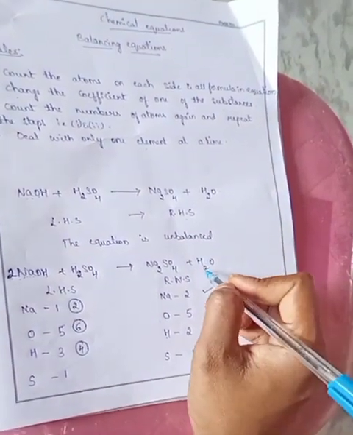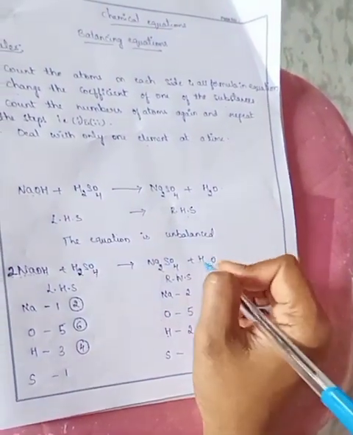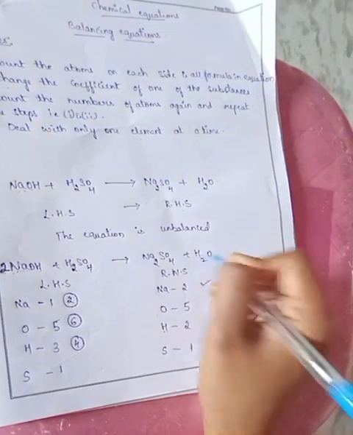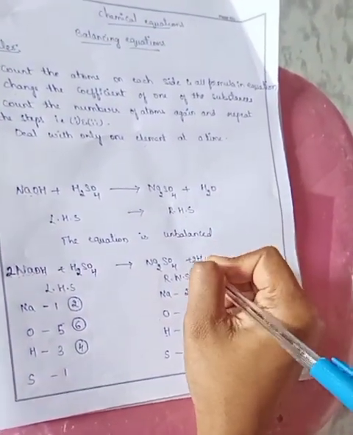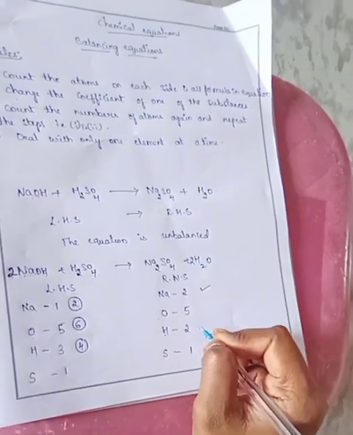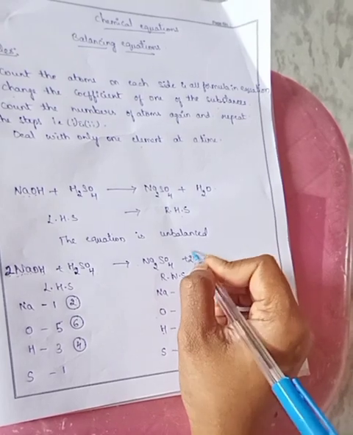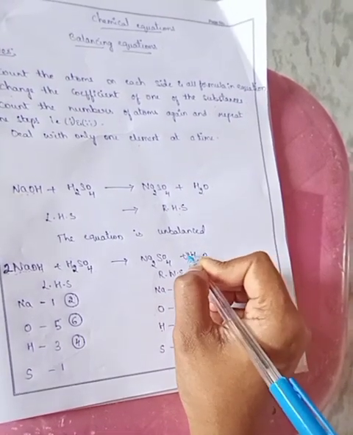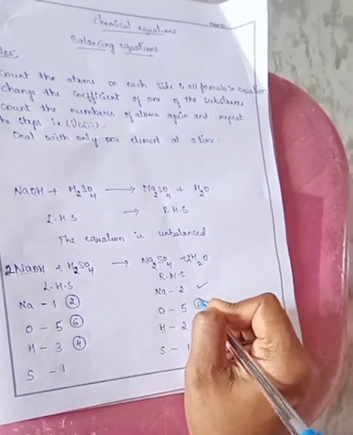If you add 1 here, it will be 1 times 2 is 2. So 2 only will be there. If you add 2 here, it will be 2 times 2 is 4. So you got 4 hydrogens, and you got 2. This holds for the oxygen also. So 2 oxygens plus 4 oxygens, you have 6 oxygens.